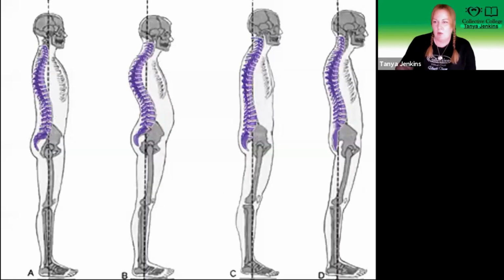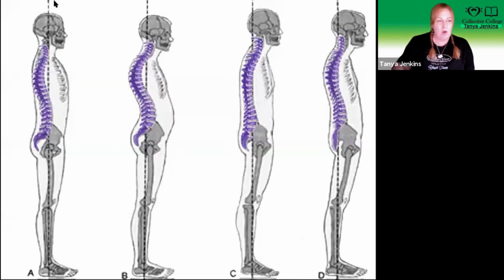So let's talk a little bit about centering and posture and alignment. As you can see, there are 4 examples of posture here. And actually, looking at them, they're not as bad as some that I see on risers or walking around even.